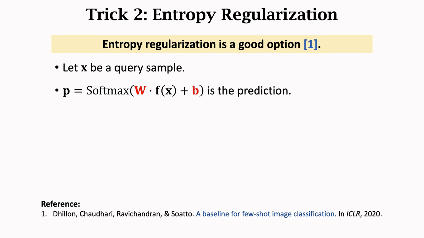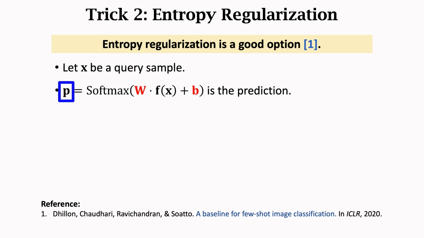Let's study entropy regularization. Let X be a query image. We can use a pre-trained convolutional neural network F for feature extraction. Let f of x be the extracted feature vector. It is the input of the softmax classifier. Vector P is a prediction made by the softmax classifier.